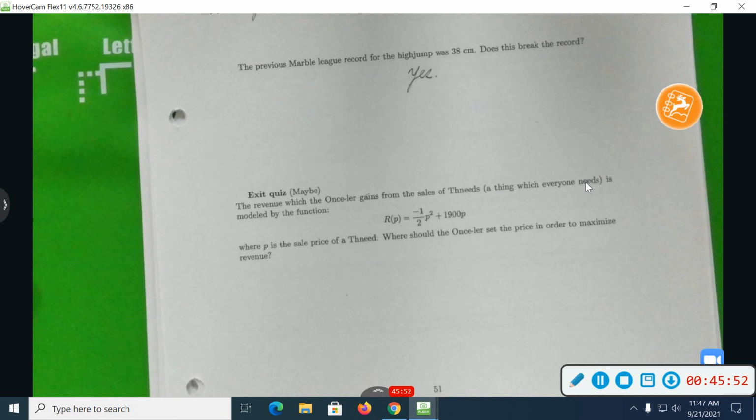That economist cousin, after doing some market studies, concludes that the revenue generated by the sale of P needs will be given by the model: negative 1/2 P squared plus 1900 times P. I think probably measured in dollars, though I don't know if Dr. Seuss ever establishes what currency is used. Does that seem like a problem that we can optimize?